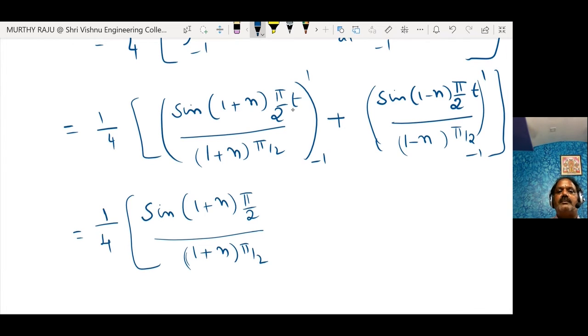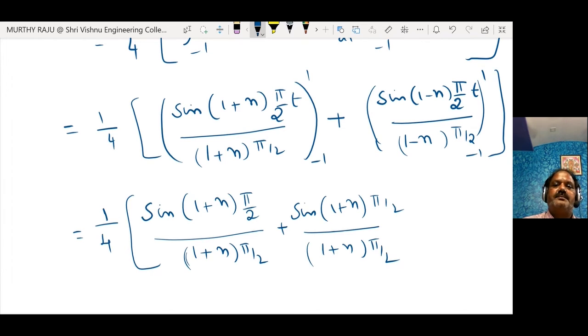Here at minus 1, sine of minus theta is minus sine theta, minus into minus gives plus, because of the lower limit minus sign. Sine of 1 plus n pi by 2 by 1 plus n into pi by 2.